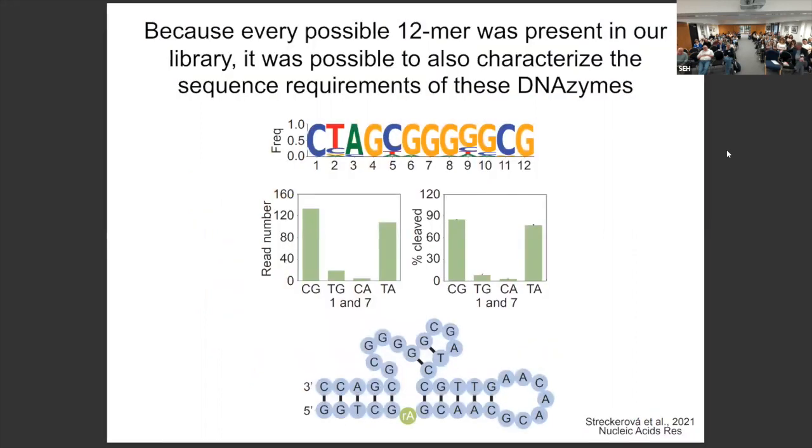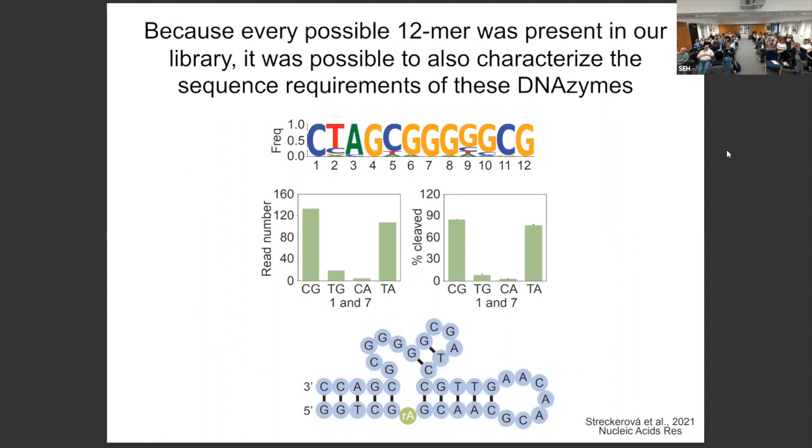So another perhaps less obvious advantage of this approach is that because every possible sequence was present in our library, we were able to characterize the sequence requirements of these motifs without performing additional experiments. So this slide shows how we did it for one of our RNA-cleaving deoxyribozymes.